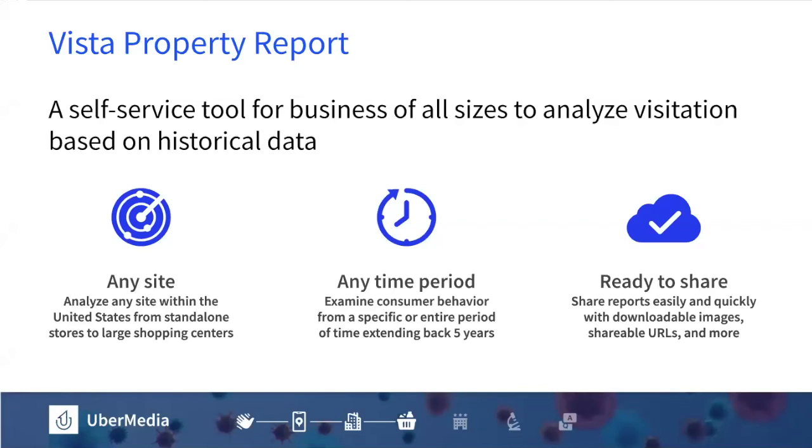Now, that depends on the analysis that you're looking to do. In this case, we did the entire shopping center because I wanted to know just generally how visitation looked at that shopping center. But if you wanted to look at an individual store in the center, like the McDonald's or the Whole Foods, you can definitely polygon that Whole Foods or that McDonald's to understand visitation to that location.